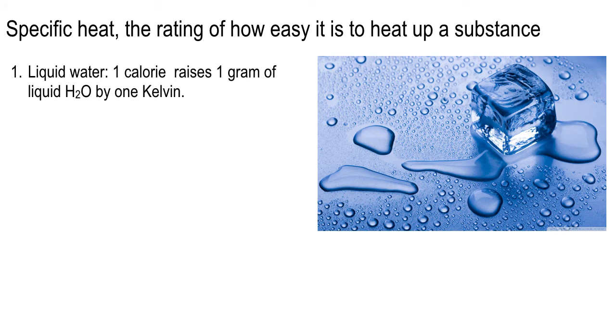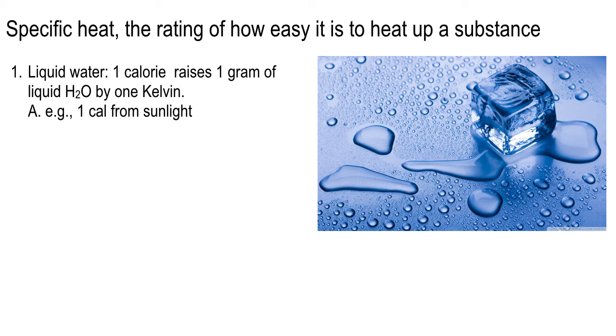Now, liquid water defines everything. So this is part of the metric system. A calorie is a unit of energy, and it is the amount of energy that it takes to raise 1 gram of liquid water by 1 Kelvin, in Paris, France, because it's a metric system.